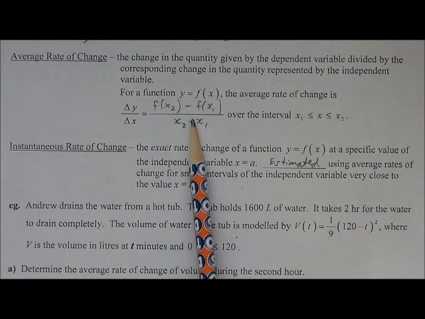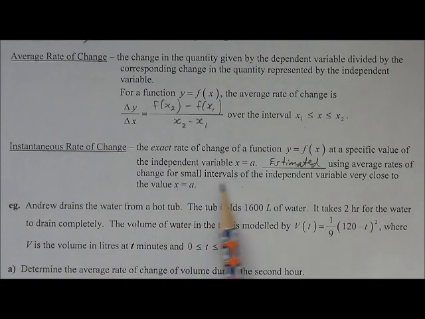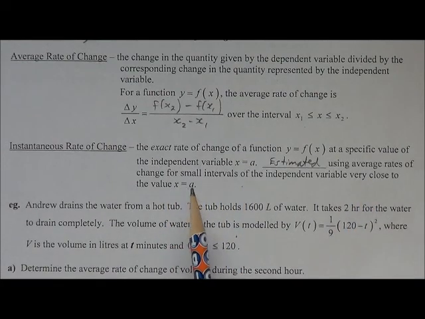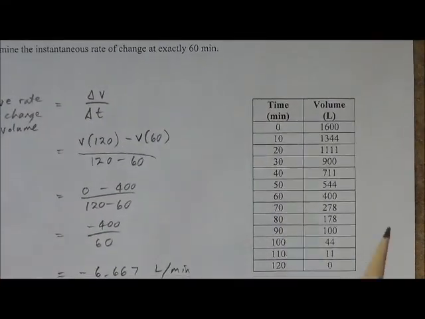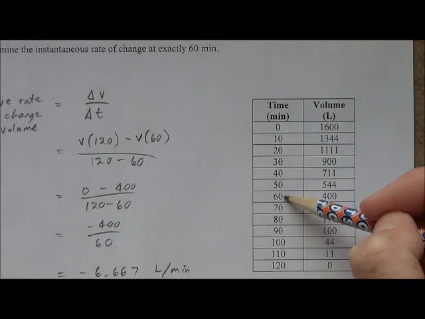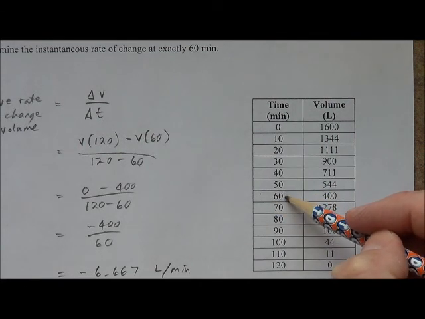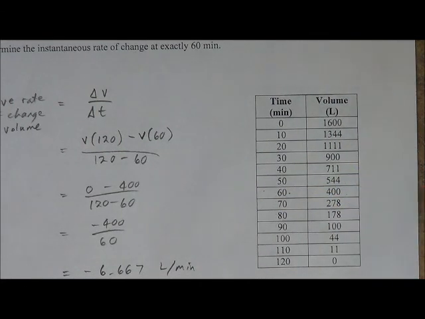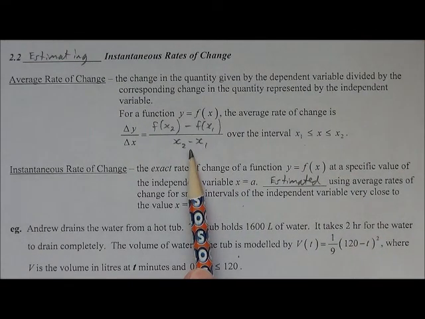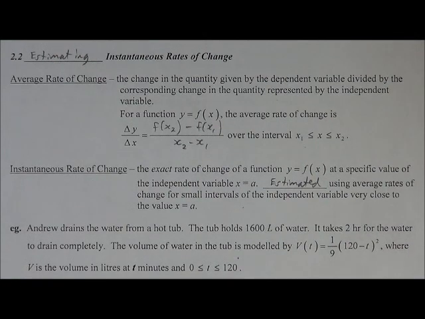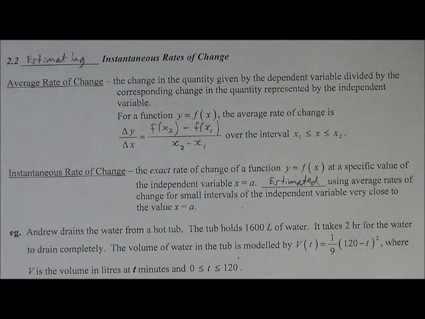So we're going to be using this formula for small intervals of values very close to x equals a, and in this case, that independent variable value is going to be 60. So values very close to 60 is what we're going to be investigating here, using the average rate of change formula, because that's the only formula for rate of change that you know thus far.